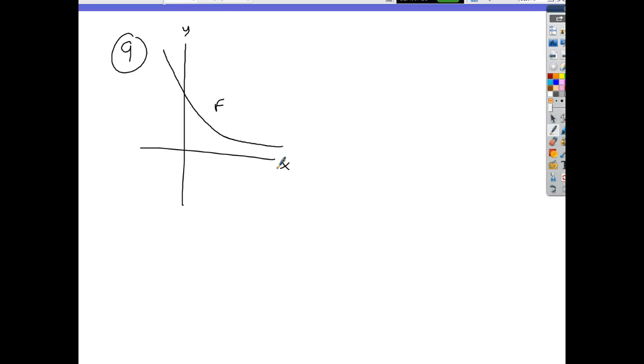Or negative. Given that dx/dt is negative, what does dx/dt mean? The change of x with respect to time. My change in x with respect to time is negative. What does that mean?